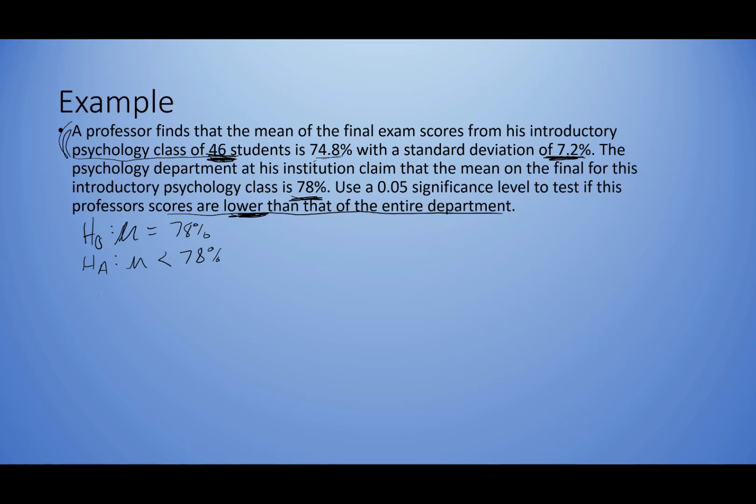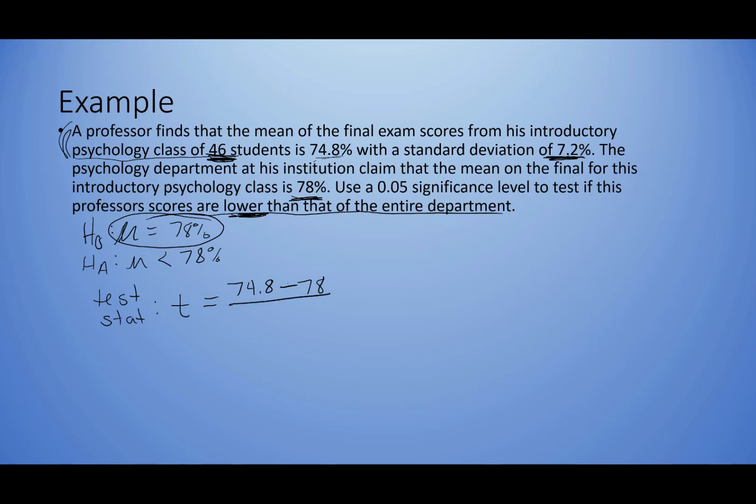So we're going to do our test statistic using the formula for the t value. So it says I need to take my sample mean, which was 74.8, subtract my population mean. Well, right here I have my population mean of 78.